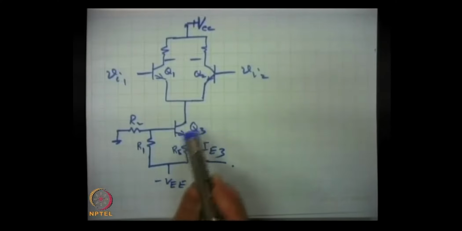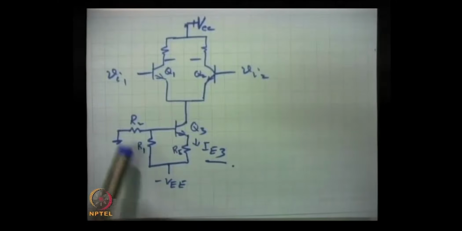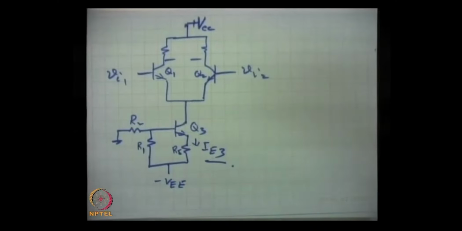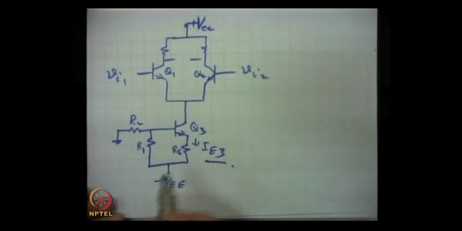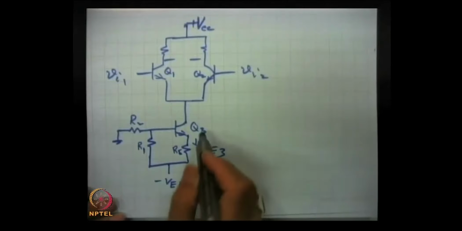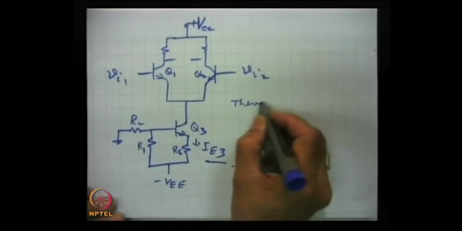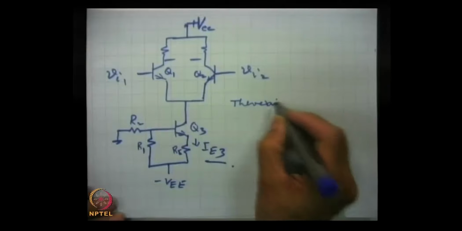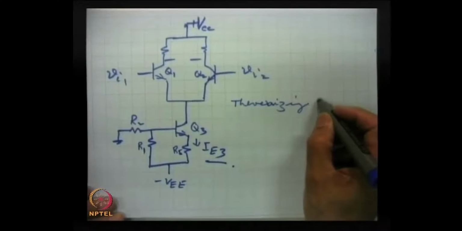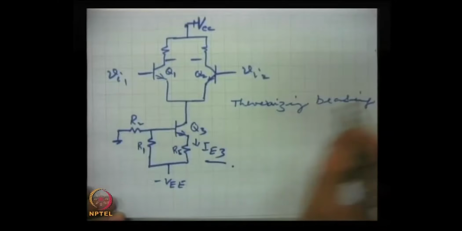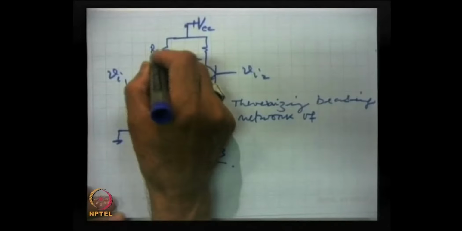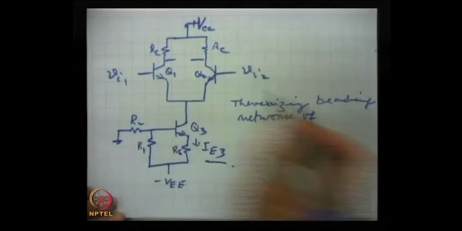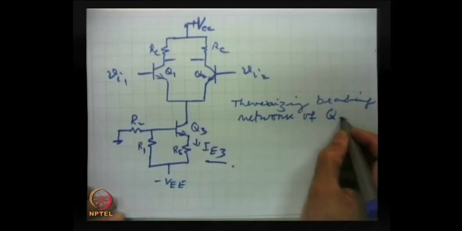Now, here there are two resistances R1 and R2, a voltage divider bias is being used, and here we can Thévenize this circuit, Thévenizing the biasing network of Q3, that is this transistor Q3.